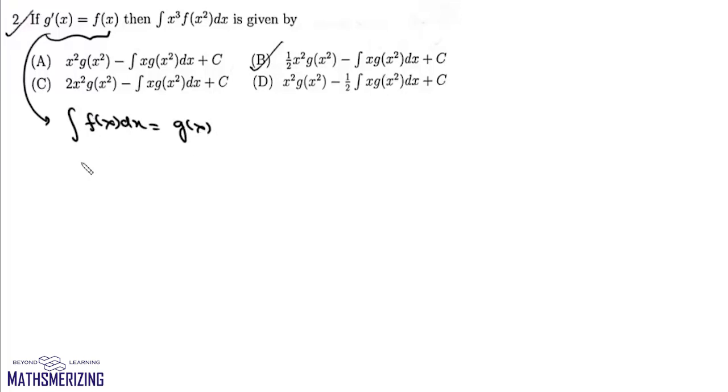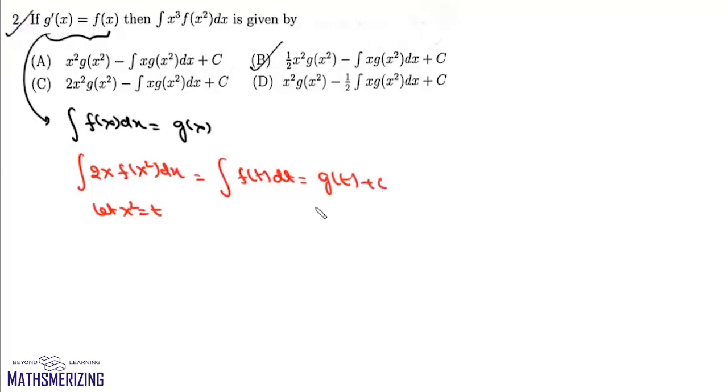In order to solve this question, we need to solve this integral, which is 2x into fx square dx. Now if we take x square as t, we can write this as ft dt, and the integral of ft dt will be gt plus c, which is gx square plus c.